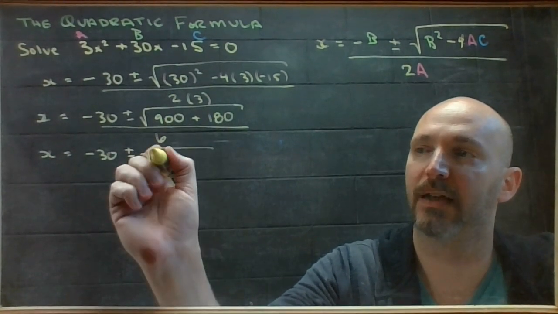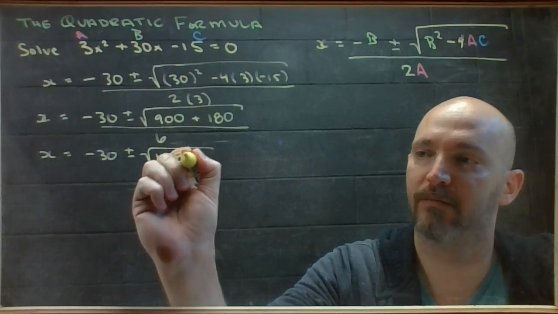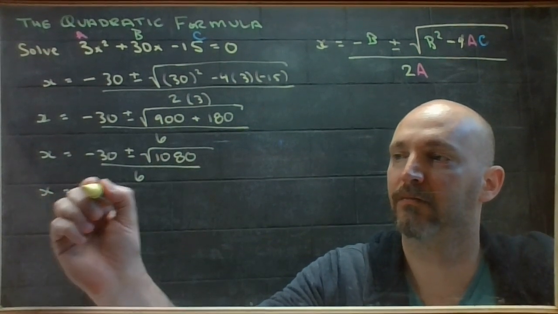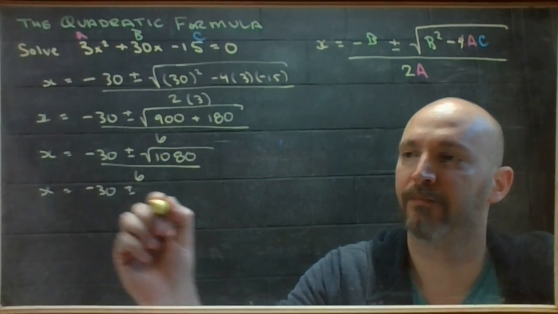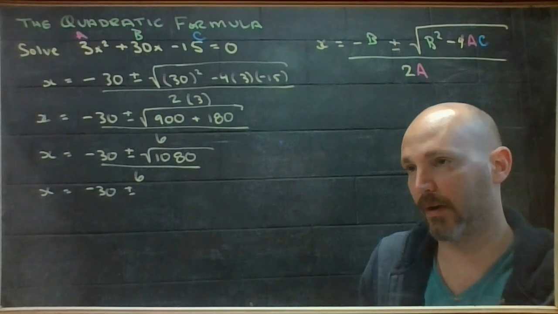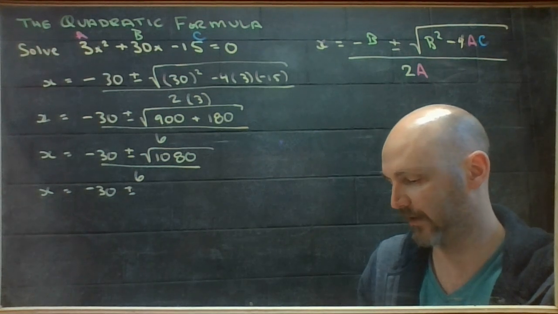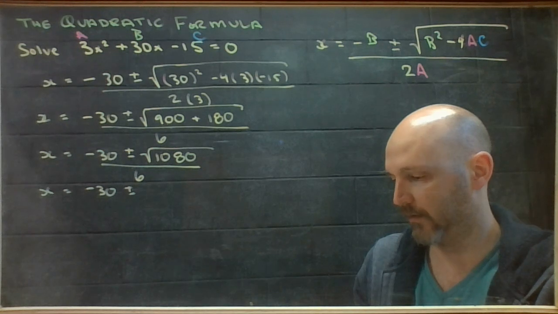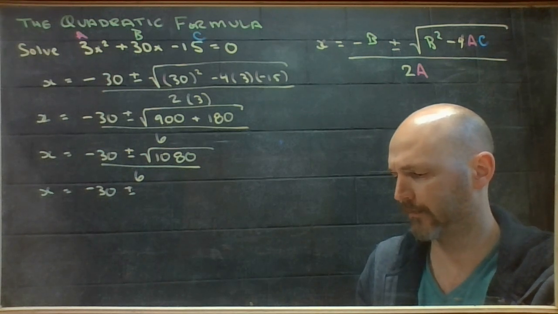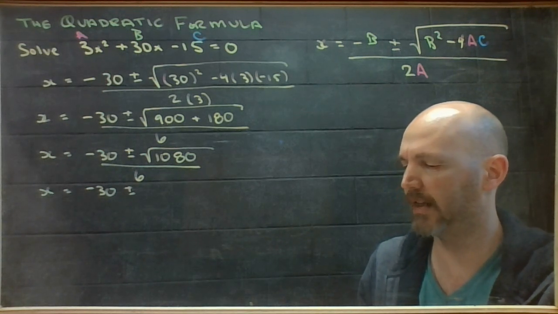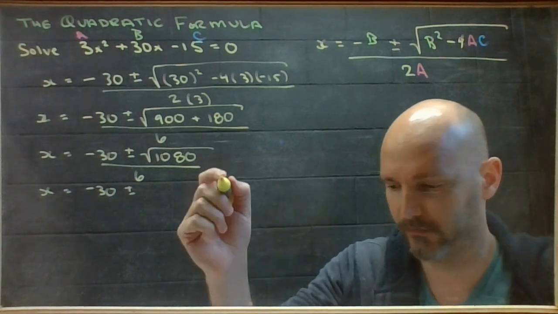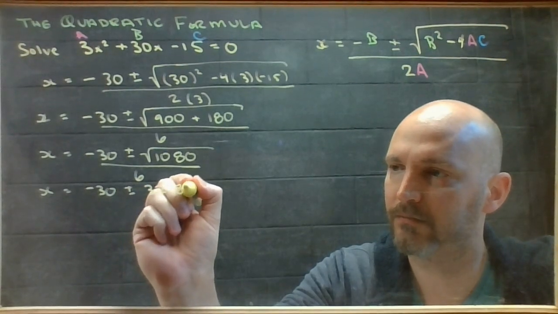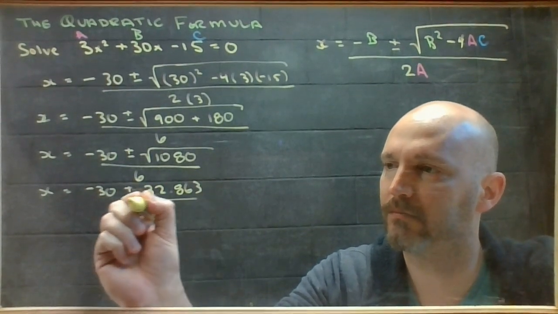Nine hundred and 180 is 1,080. I'm going to need a calculator to do the square root of 1,080, so let me do that. 1080 gives me 32.863 over 6.